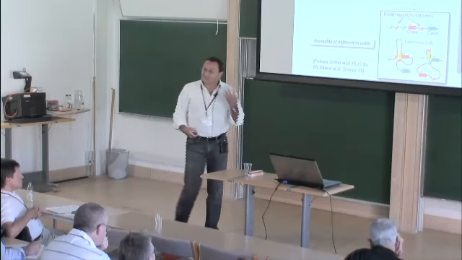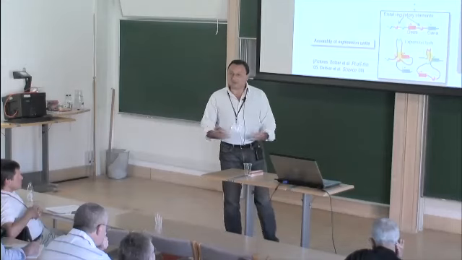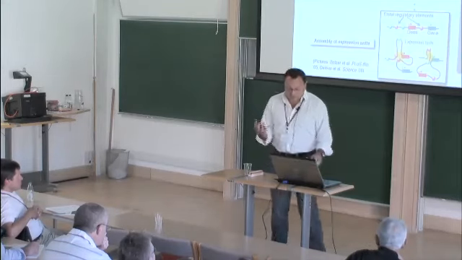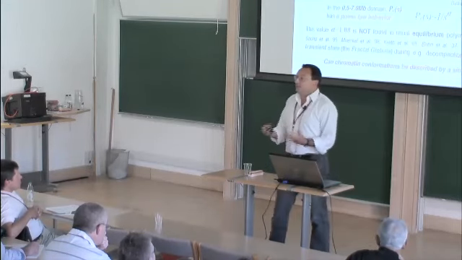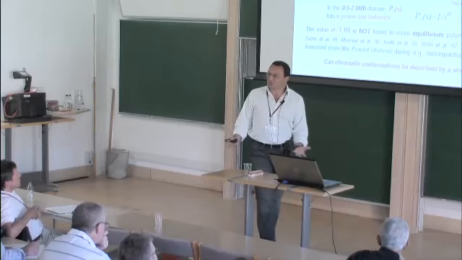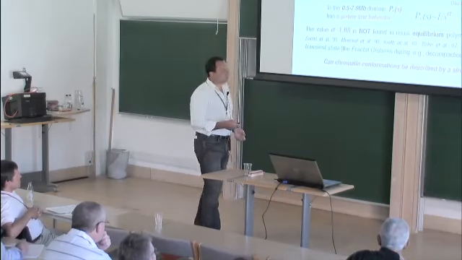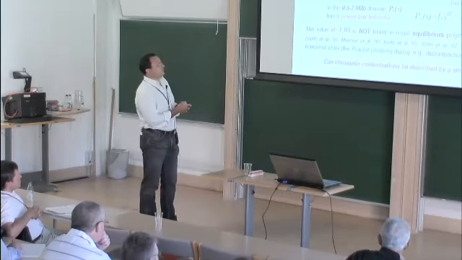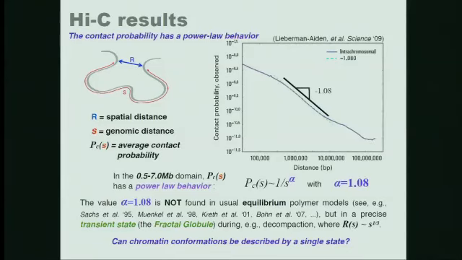And so this morning we have seen this idea of a sort of scale-free organization, which has been substantiated by the Hi-C discoveries that we have listened to this morning. For instance, the contact probability, to be precise, the average contact probability of two loci having a given genomic distance.